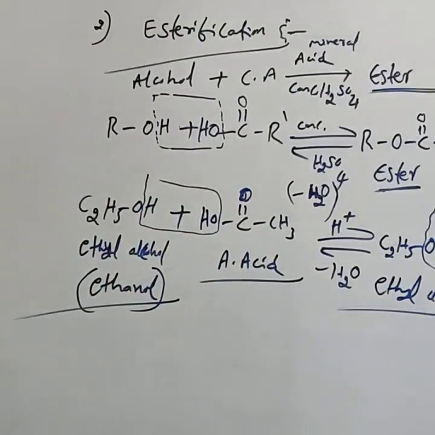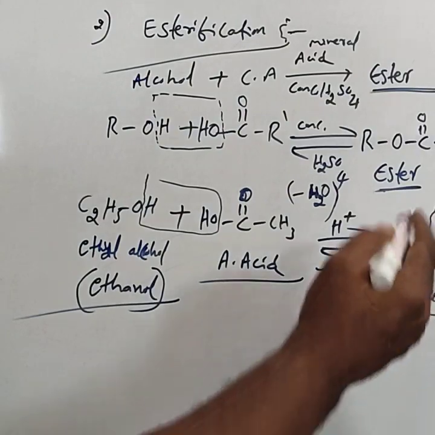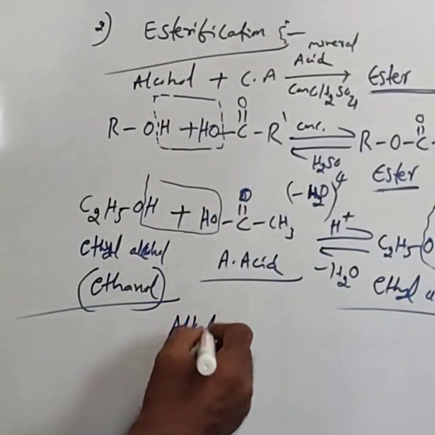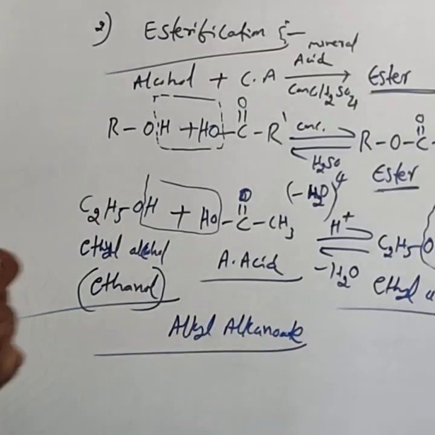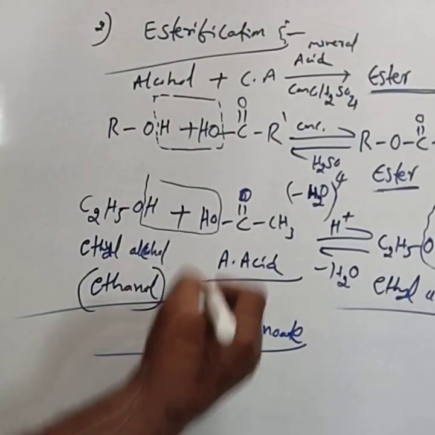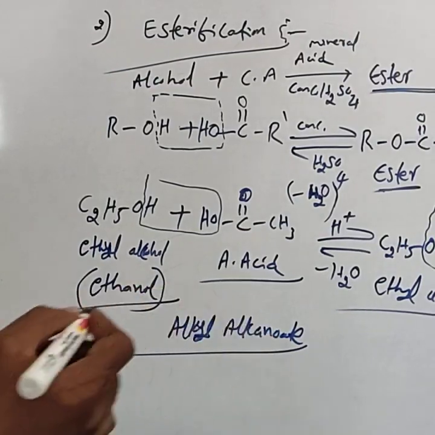Ethyl acetate. Or in the IUPAC system, esters are called alkyl alkanoate. In the IUPAC system, esters are called alkyl alkanoate.